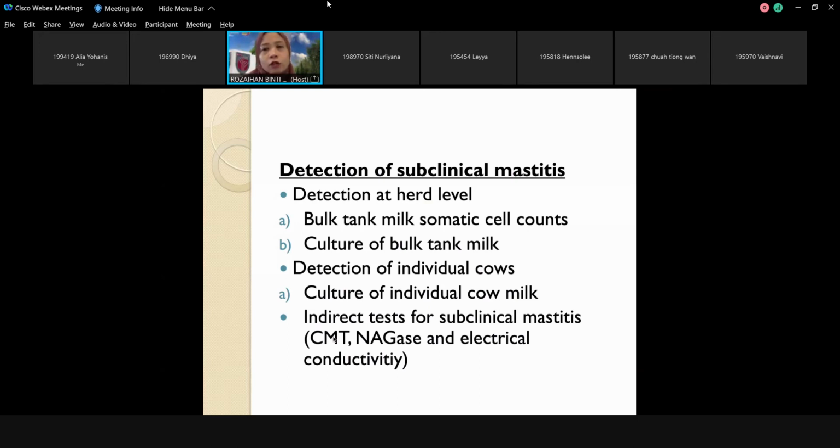Even milk somatic cell counts, we don't do that. We don't have cell counters, and we don't send milk to the lab even to do cell counts. This is only available in certain labs. Makmal Susu Melaka, I think they have the cell counters to look at the somatic cell counts.